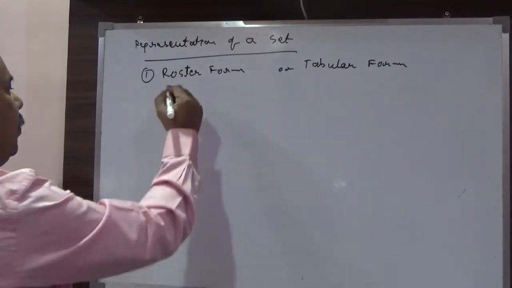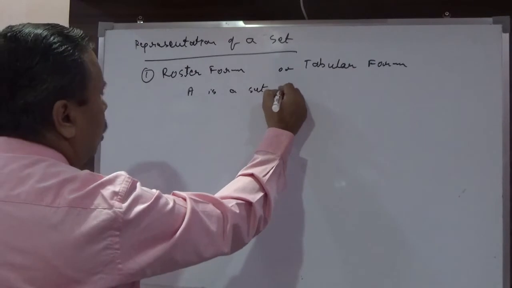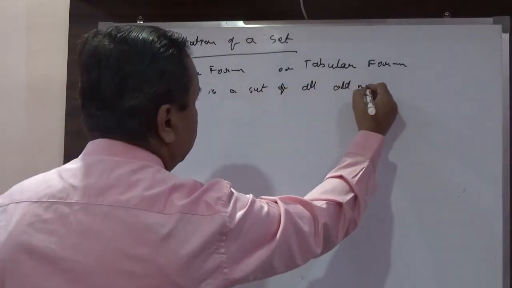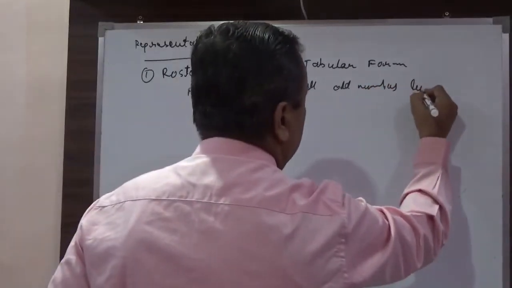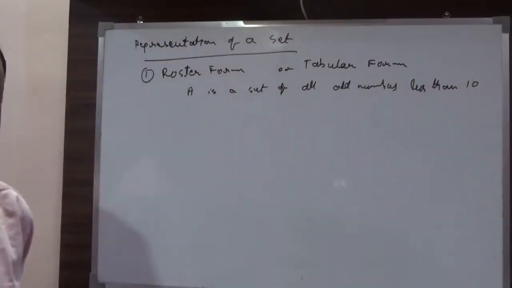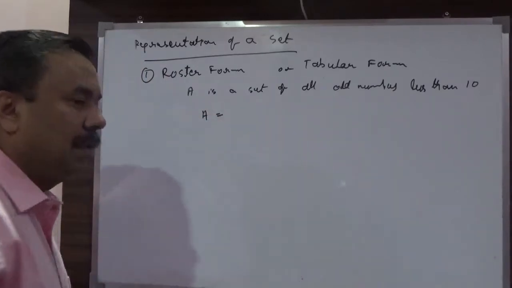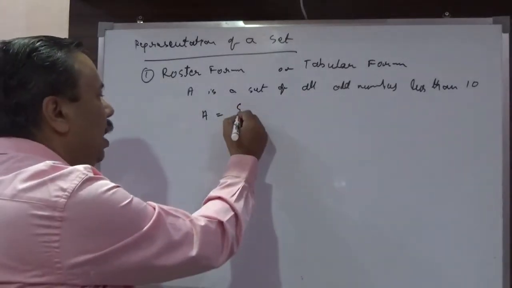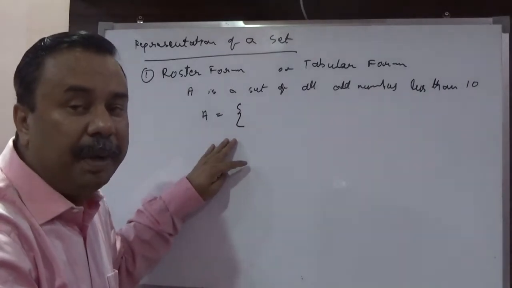For example, if I say that A is a set of all odd numbers less than 10, then I will represent the elements of the set within these middle brackets, the braces.